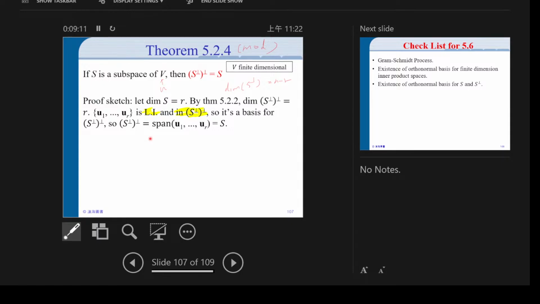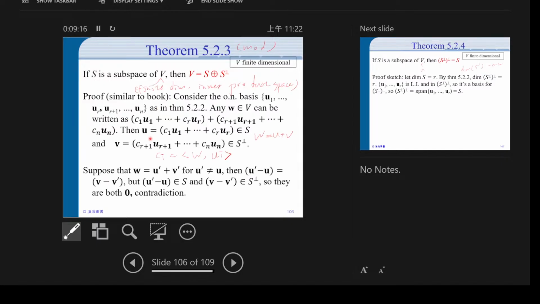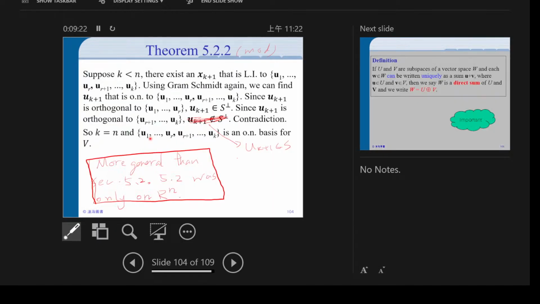Okay, so hopefully this gives you a better view of all those weird direct sum and perpendicular theorems we have in 5.2, and now it's in a more general version. It's in any inner product space.